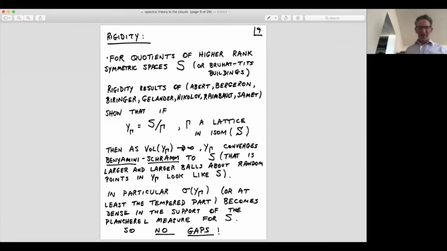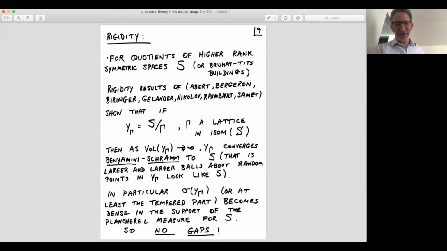That is to say that as the volume gets larger, if you take a random point inside the surface, it's not true that the injectivity radius could remain fixed, but most points will have larger and larger injectivity radius. So if you look at a typical point and its neighborhood, you will look more and more like the universal cover.